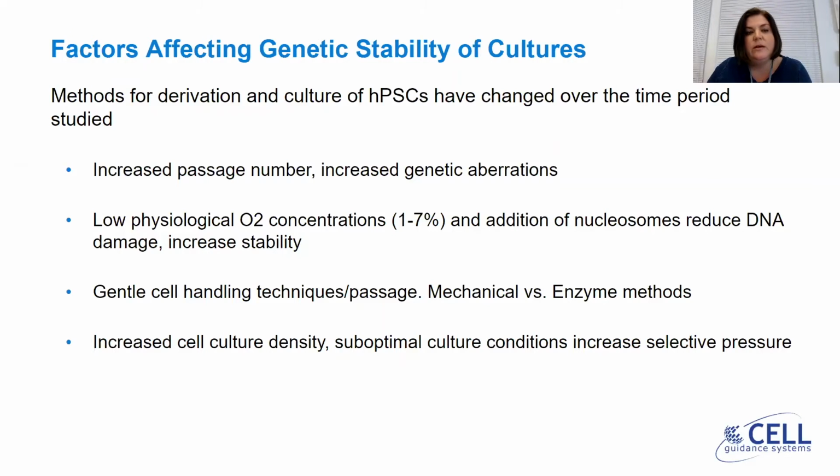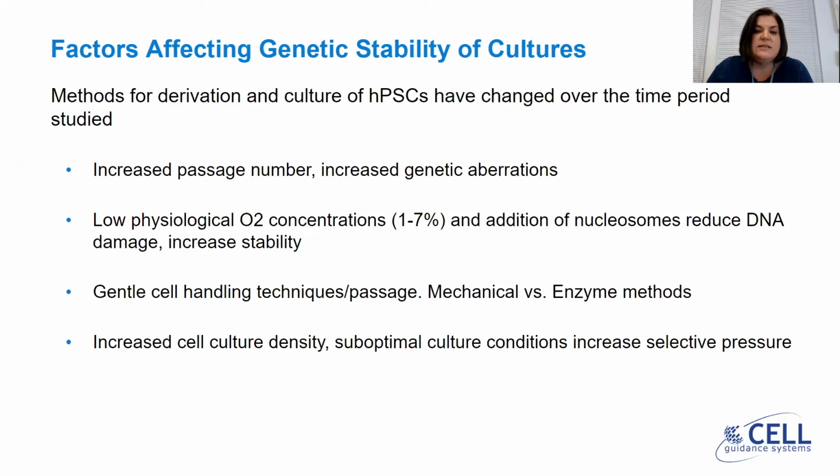We know that low physiological O2 concentrations and addition of small molecules such as nucleosides can reduce DNA damage and increase stability. We also know that gentle cell handling techniques decrease DNA damage.